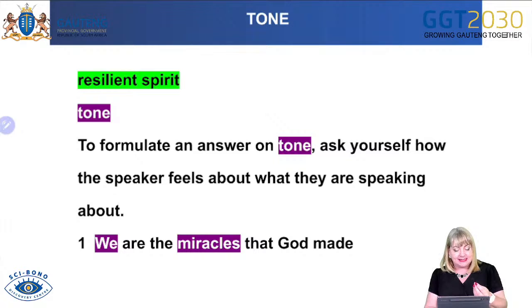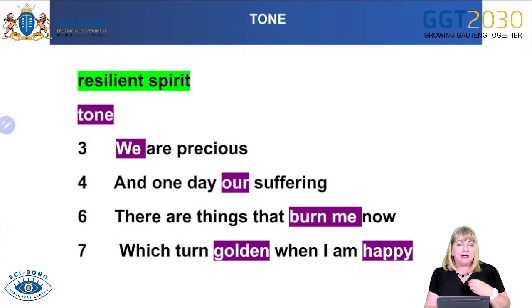And you see these ideas, like he says, we are miracles and we are precious, and I am happy. All of these ideas also show the resilience, somebody who can suffer in the way that these people have suffered, and somebody like the writer who can make themselves part of this experience and still talk about dreams and golden opportunities and happiness.